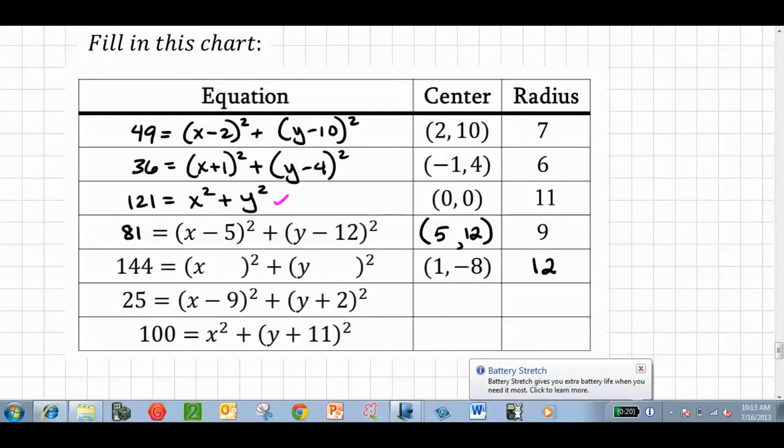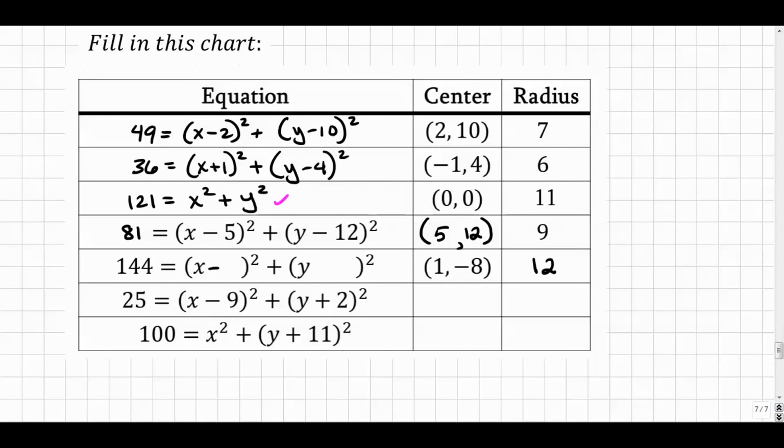And here we have minus 1 and plus 8. Here we have r squared is 25, which means the square root of that is our radius, and our center is positive 9, negative 2. And last but not least, we have an r squared term of 100, so the radius is 10. x doesn't have a parenthesis, so that's just 0, negative 11.